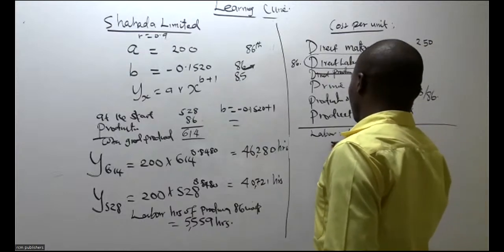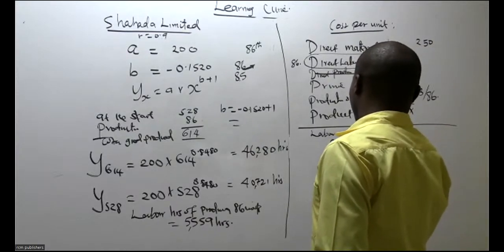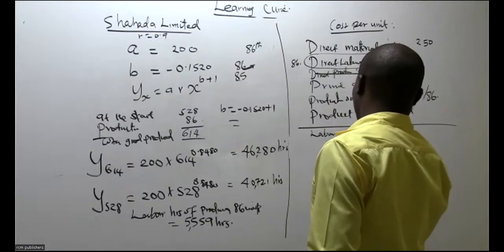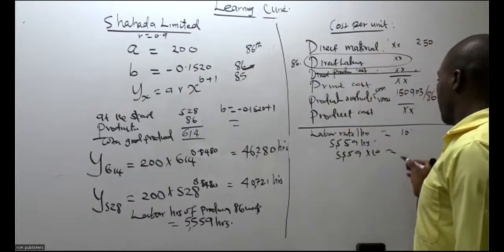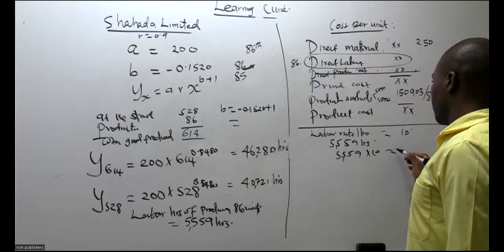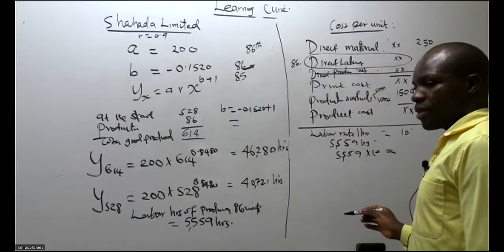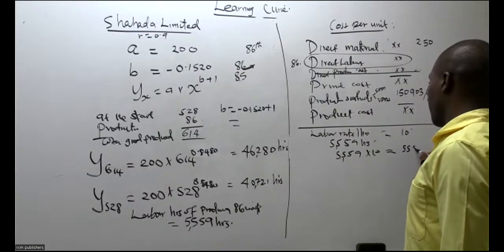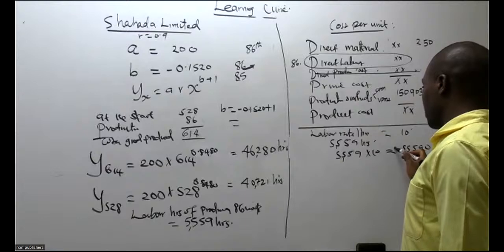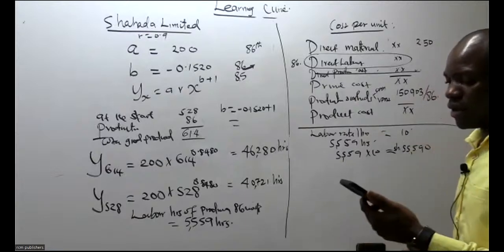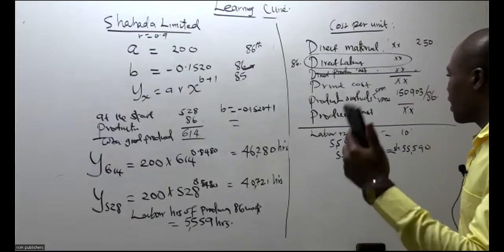Then we have a total of 59 hours. So 59 times 10 gives us 590. Now not hours, but shillings. That is the total labor cost.